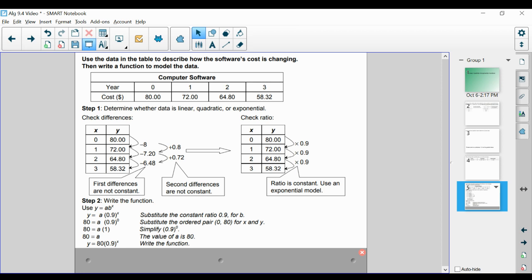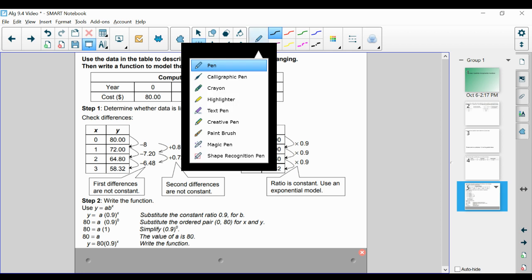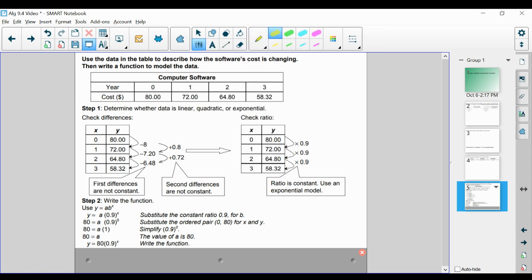There is another way to find our a value that's a little bit simpler, but it only works if we have the x value of 0. Looking at the starting data, we have our x as year 0. So wherever our x is 0, that means our a value is going to be that y value. So we could automatically determine that our a value will be 80 because x is 0.